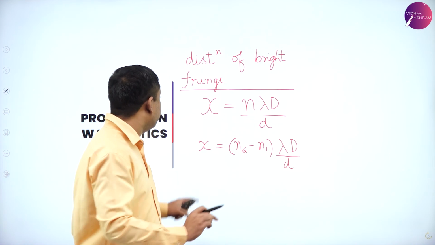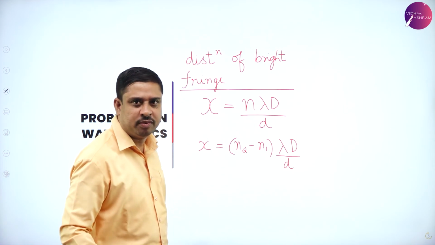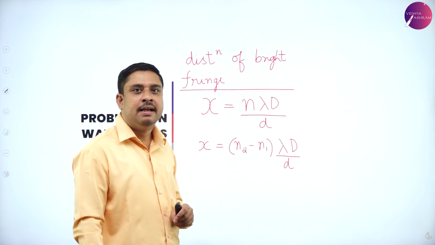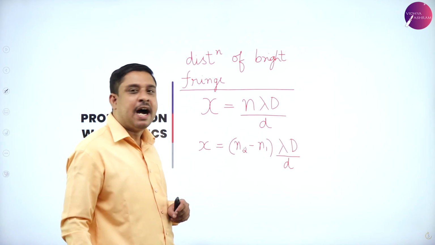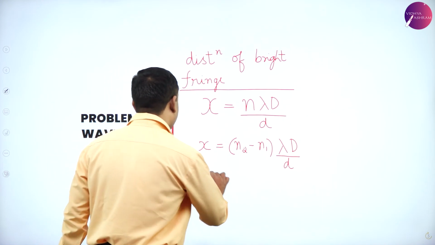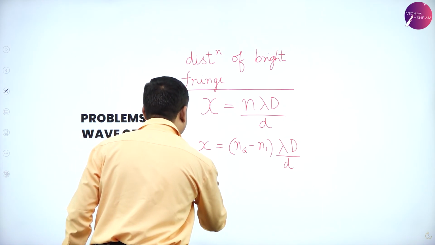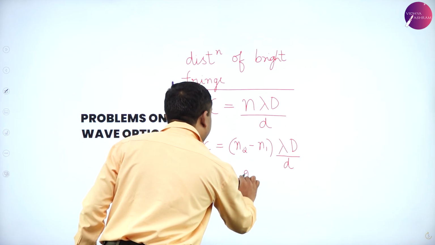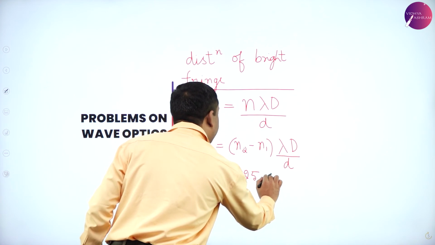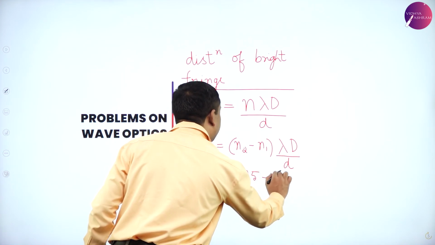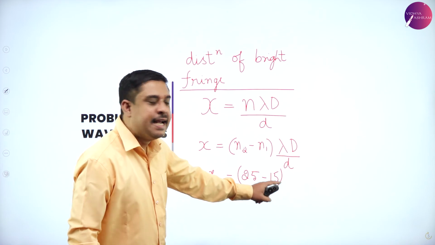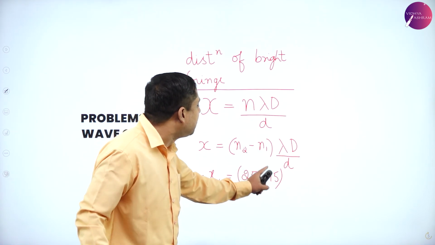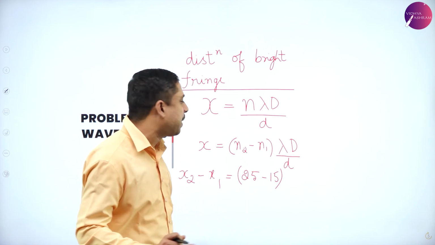So we can also write x2 minus x1, which is (n2 minus n1) lambda D divided by small d, or x2 minus x1 is 25 minus 15. So what is this? Distance between the 25th and the 15th bright fringe.